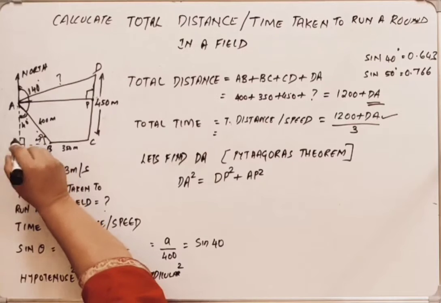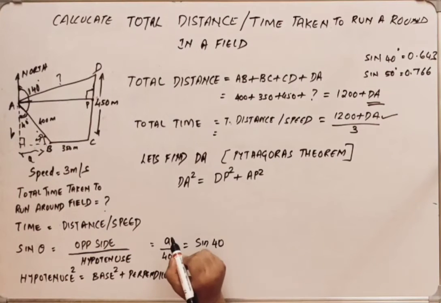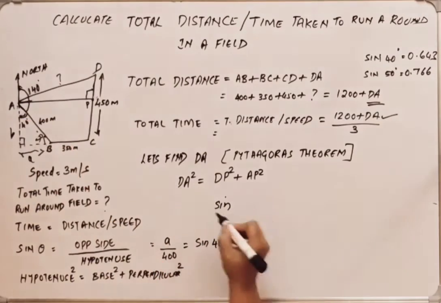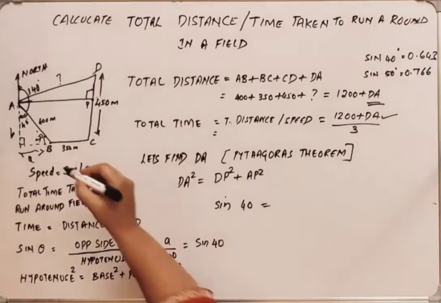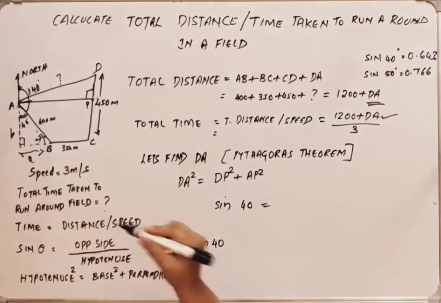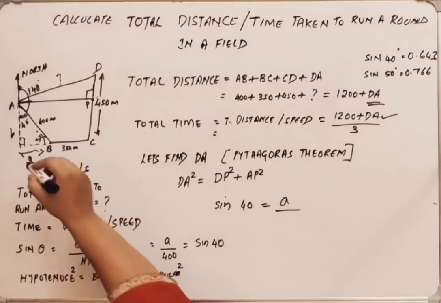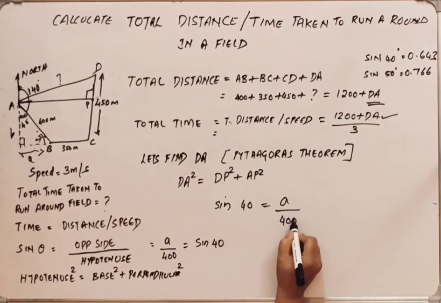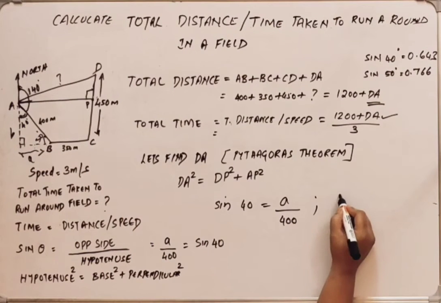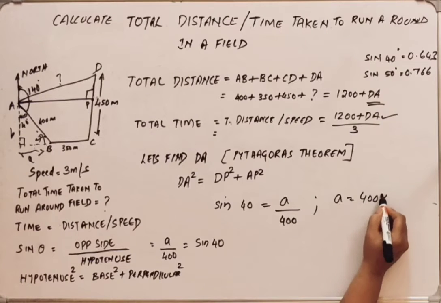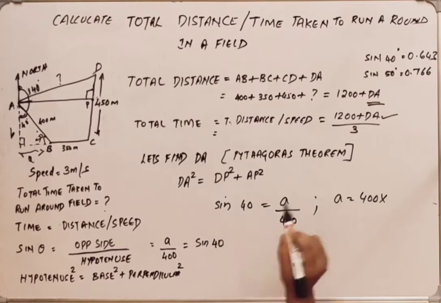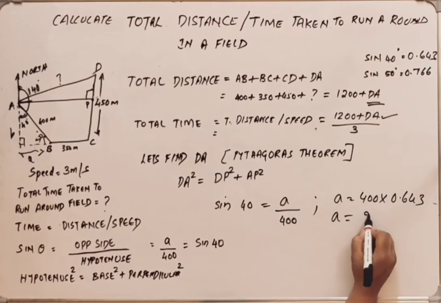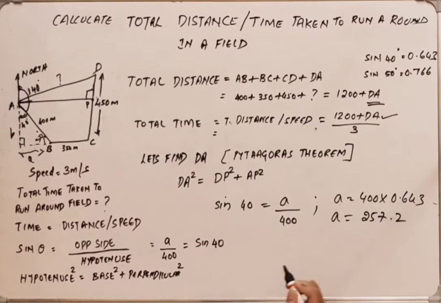Let's call it A and let's call this B. So sine 40 equals the opposite side, say A, by the hypotenuse, which we know is 400 meters. Which means A is equal to 400 into sine 40. Sine 40 is 0.643, so we get A equal to 257.2.